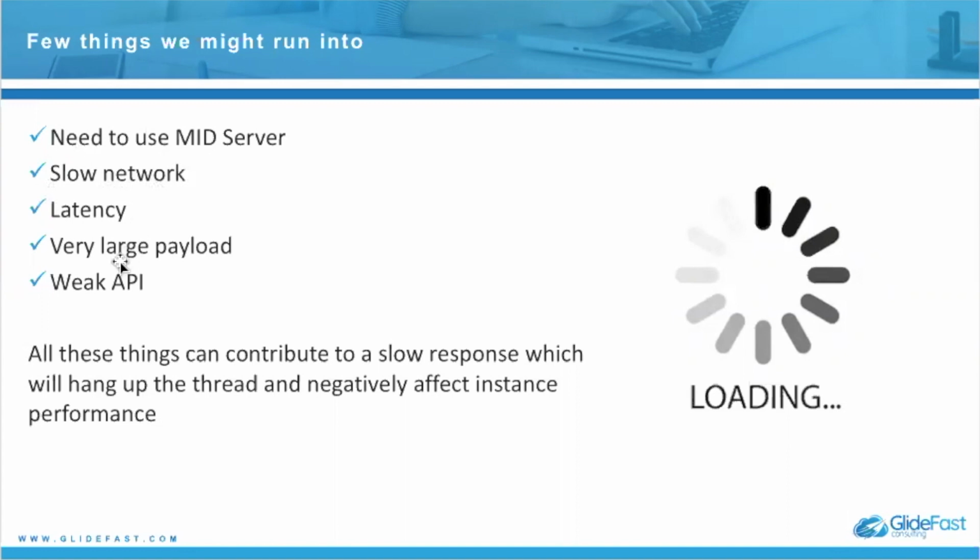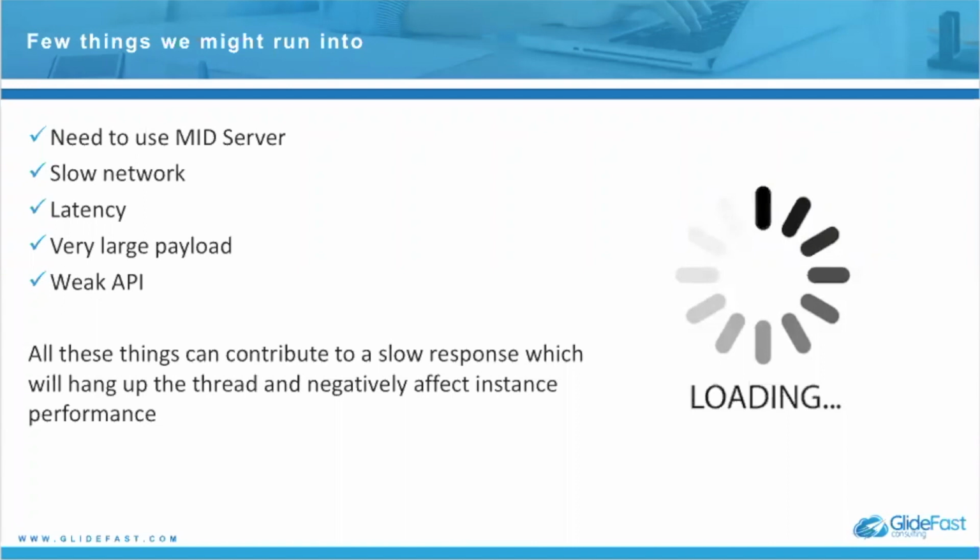If the payload is very large, it could take a very long response time, and if the API is not optimized, it has a slow response. All these things can contribute to a slow response, which will hang up the thread and negatively affect instance performance. Basically, after you trigger the API, if it's waiting for a response, that thread is being preoccupied and it can't do other operations.